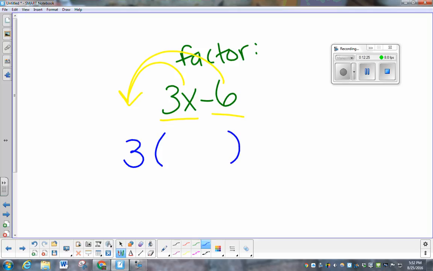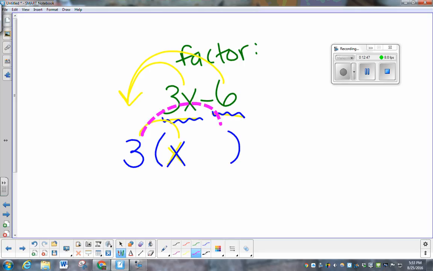Now just open up your parentheses and think what would go inside of there. So to get this 3x, what do I need to multiply the 3 by right here? Well, I just need to multiply it by an x. So I'm going to put an x right there. Now right here, I need to think, okay, I've got a 3 on the outside.